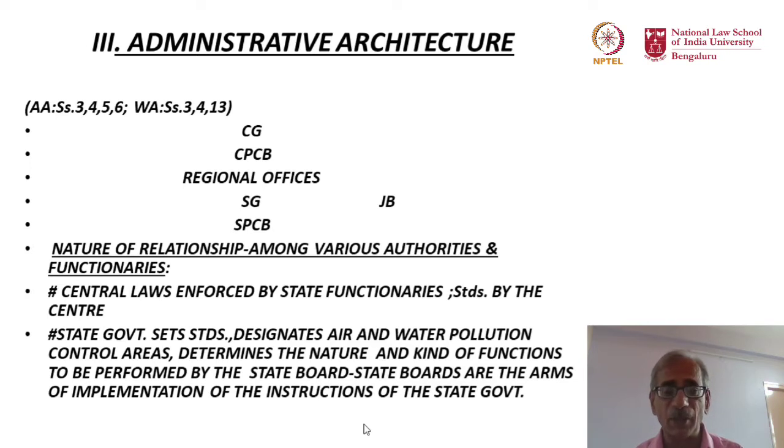State also can make law, but these laws need to be aligned, in consonance with the central law and the prescriptions made therein. So that way, the central law comes up with powers, functions, and authorities, what different authorities can perform.